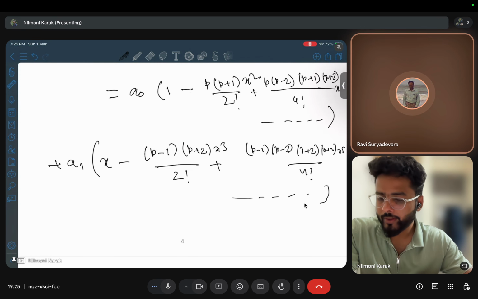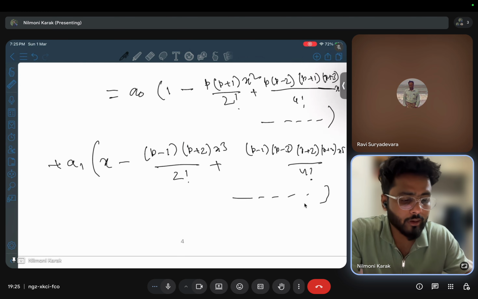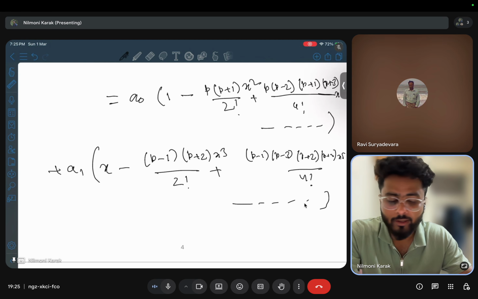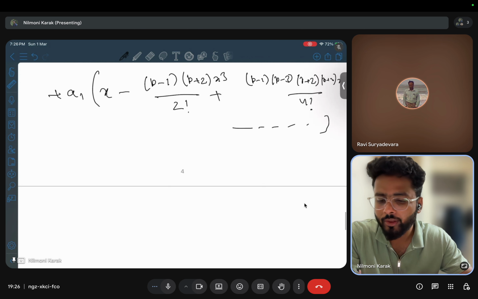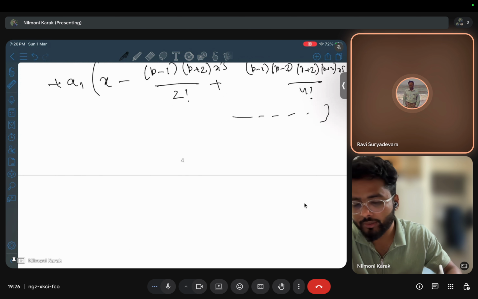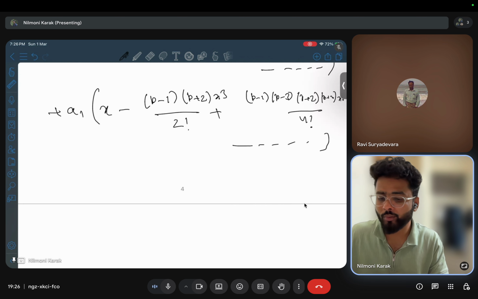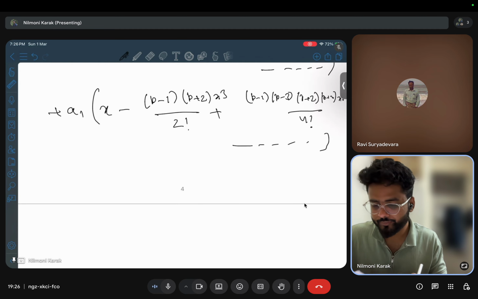But the Legendre polynomial is exactly not the same as this. This is a particular case. The Legendre polynomial should satisfy this solution. The constants a0 and a1 we will manage, so we will see.